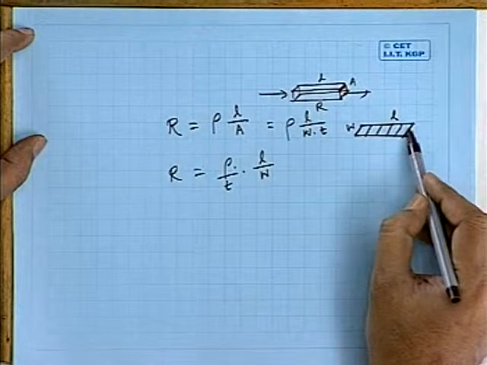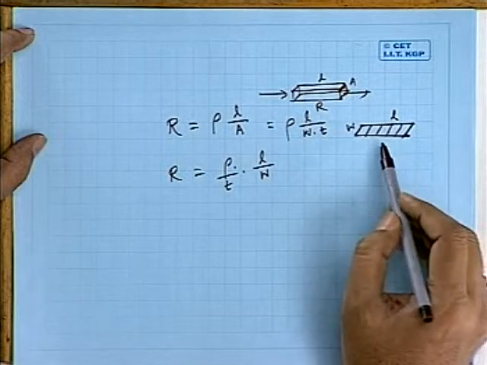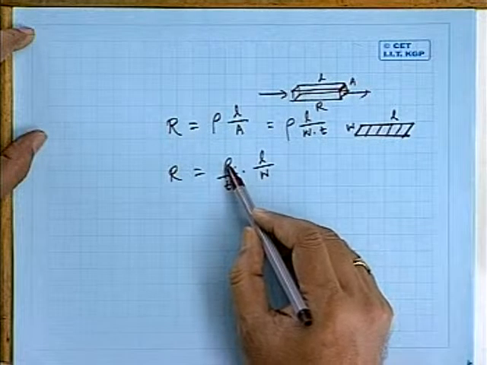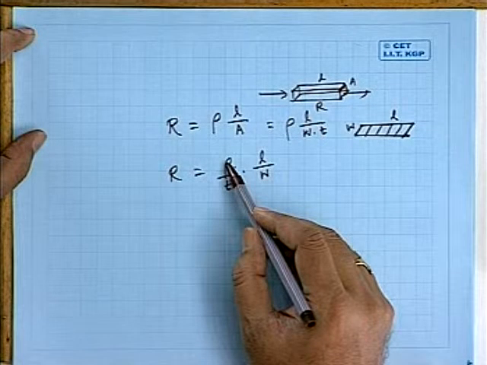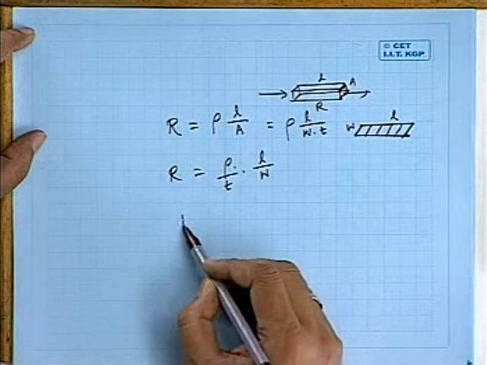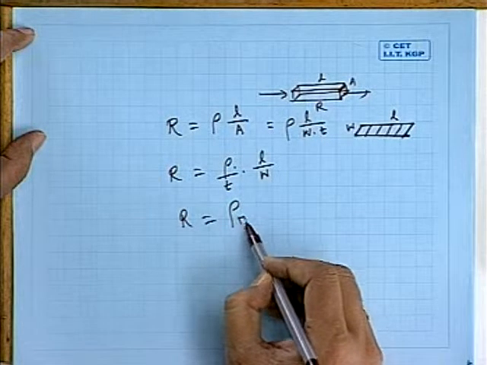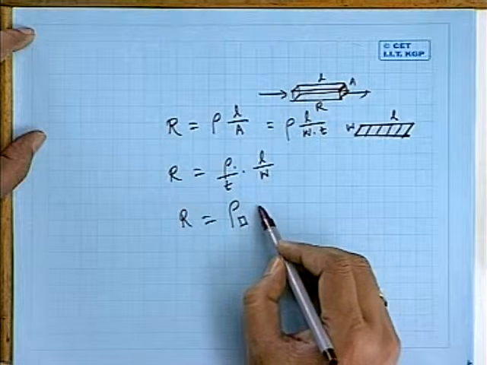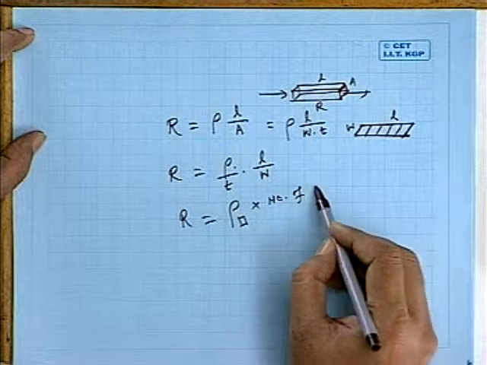How many squares are there? L by W, isn't it? Number of squares you will get. Now the rho by T, rho is the resistivity, isn't it? Resistivity. We can write R is equal to rho by T, I wrote it as rho square, into L by W, the number of squares.